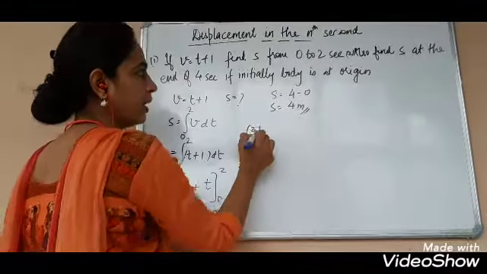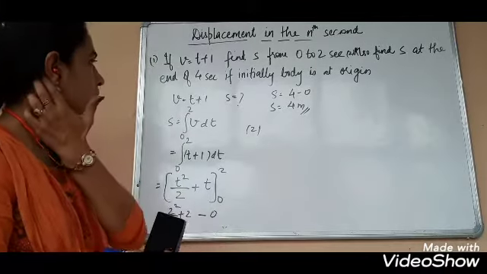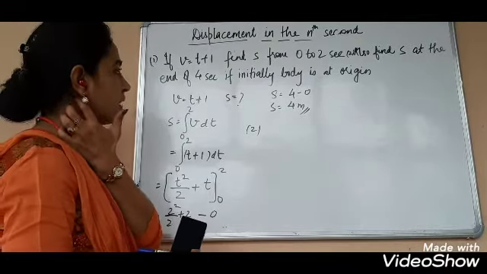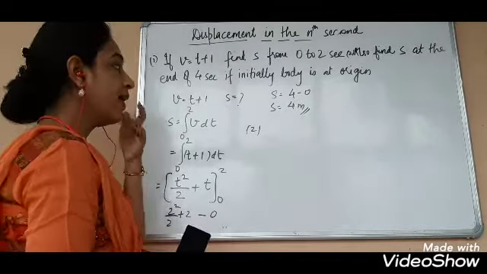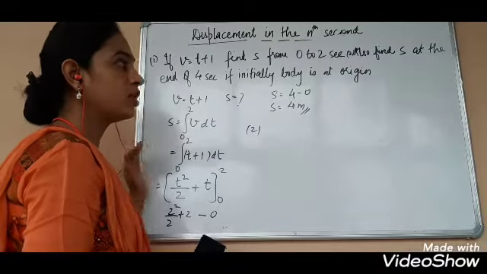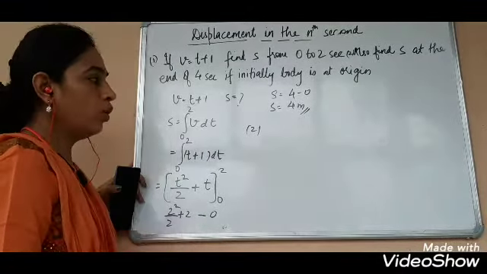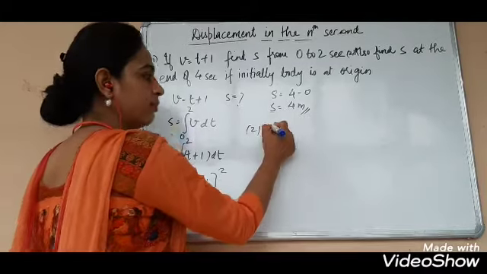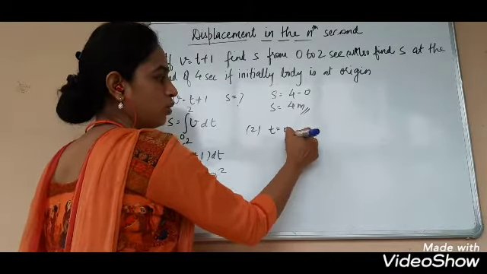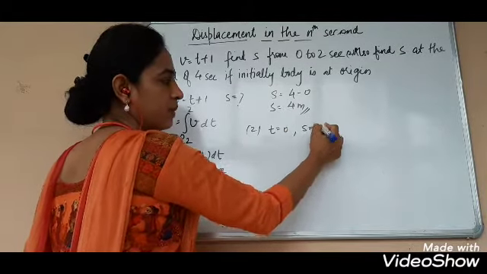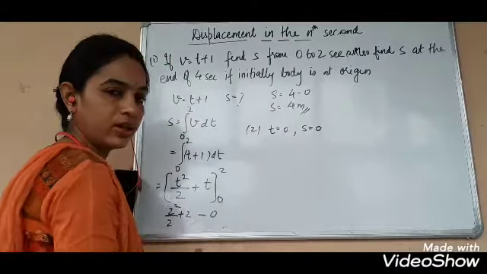Coming to the second part, find the displacement at the end of 4 seconds if initially the body is at origin. Initially the body is at origin, that means when time is 0, the body is at origin, so displacement is 0. This is the condition given.